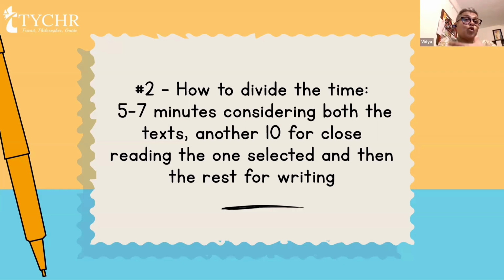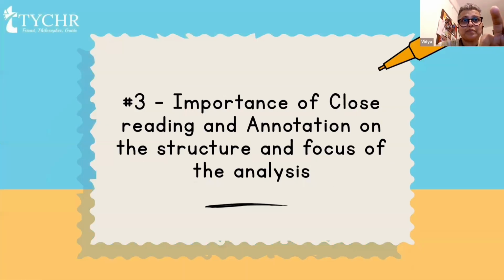So coherence is an important criterion of all your IB English assessments, whether it is paper one, paper two, or IO, and therefore 10 minutes plus or minus 2 or 3 minutes is an absolutely valuable investment of your time.